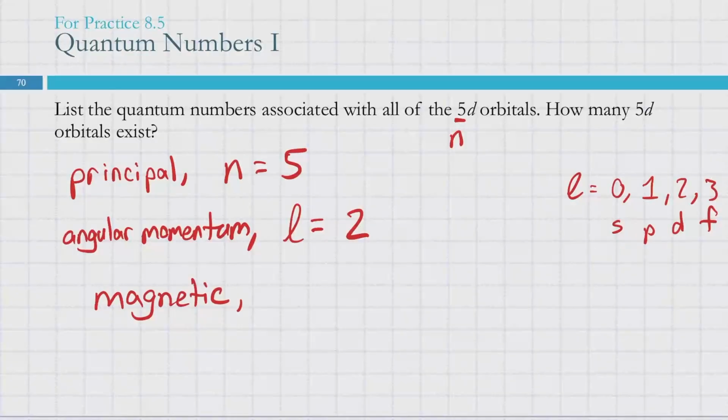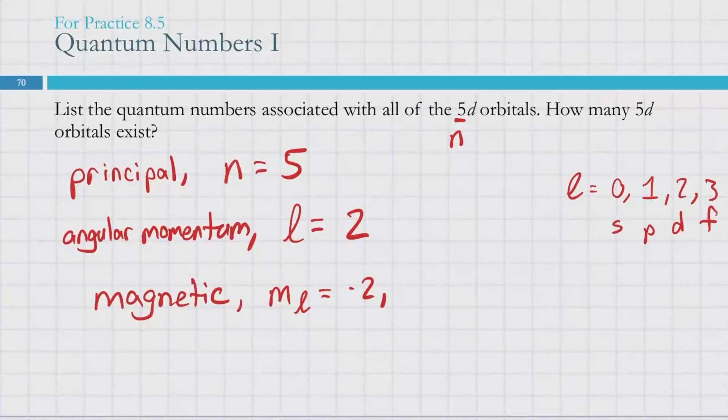And then what about our magnetic quantum number? Do we remember what that symbol is? M sub L. And what values of m sub L can we have when L equals 2? It goes from negative to positive.